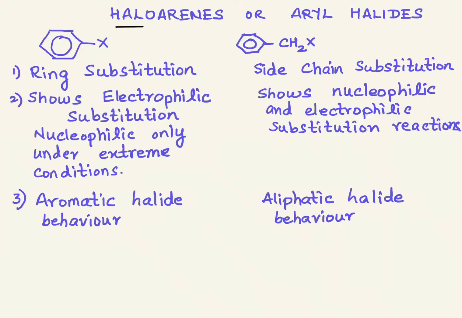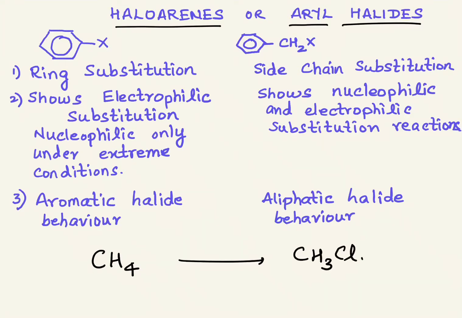Haloarenes or aryl halides, how are they different from the aliphatic halides? In aliphatic halides, the hydrogen of an alkyl group in the chain is replaced by a halogen atom. When we talk about the haloarenes or the aromatic halides, the substitution takes place in the ring.